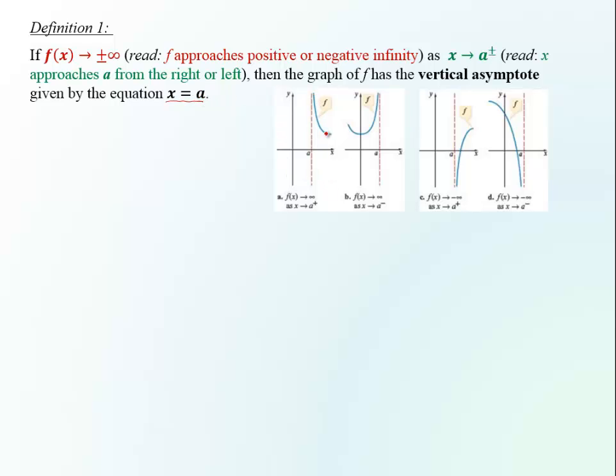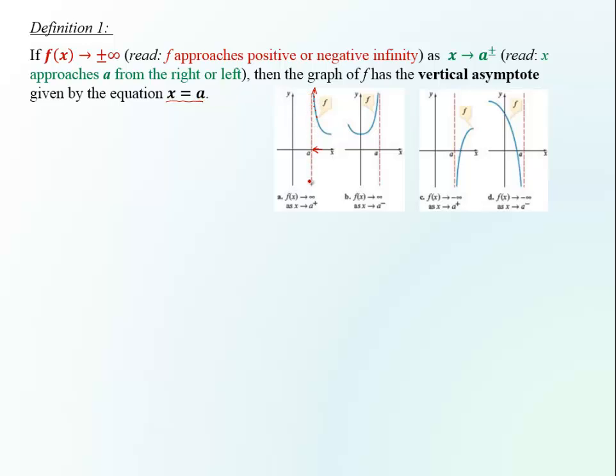So we may have a situation like on this first diagram, when x approaches a from the positive side, that means x's are closer and closer to a from the right, then the values of the function are really running away towards infinity. That means that we have a vertical asymptote x equals a.